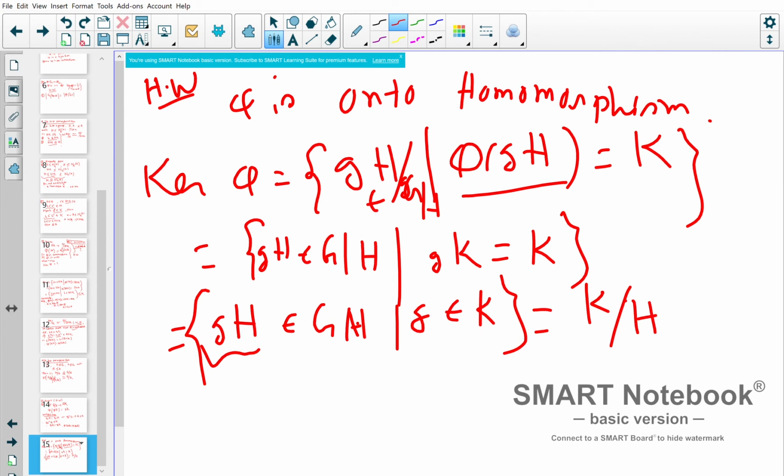This is a definition, right? K mod H contains those left cosets of H which are of the form kh. Here you see that k is an element of K, so this is K mod H actually. And done. So bingo.